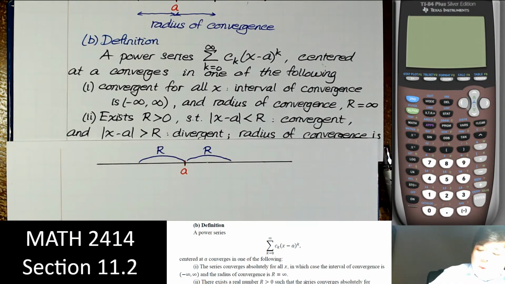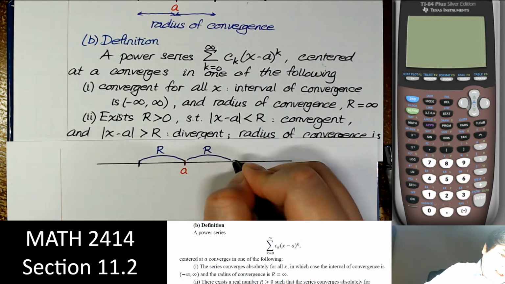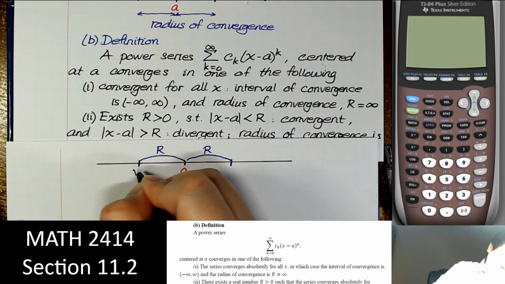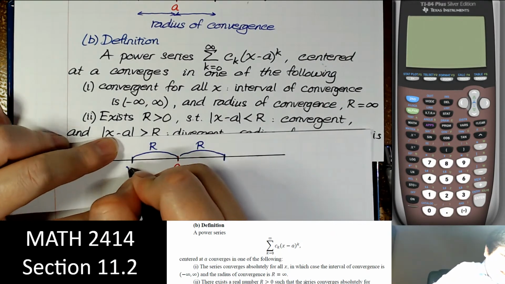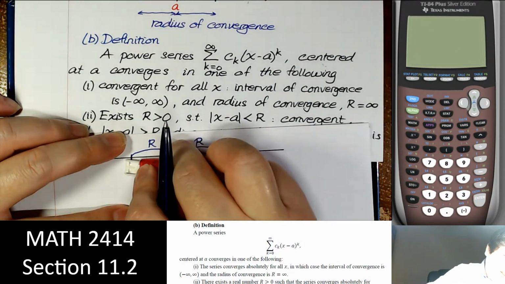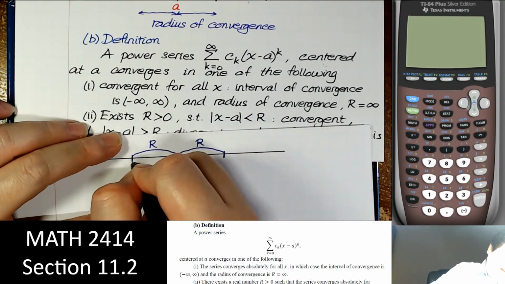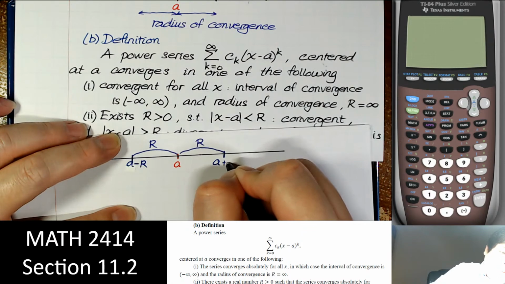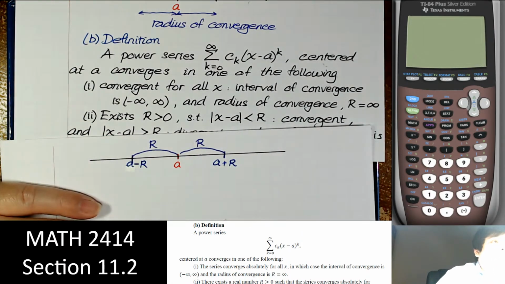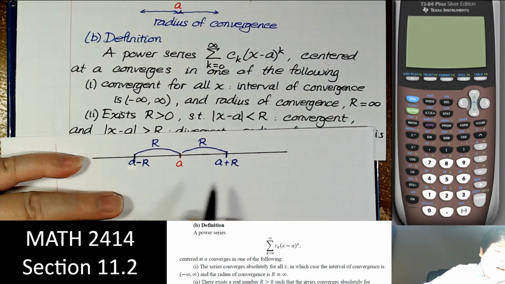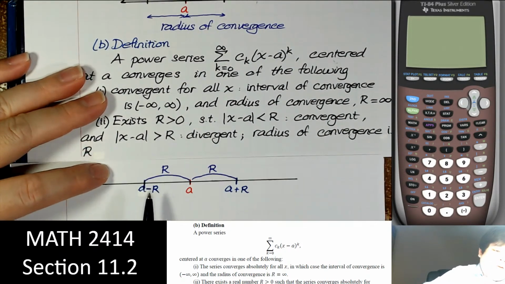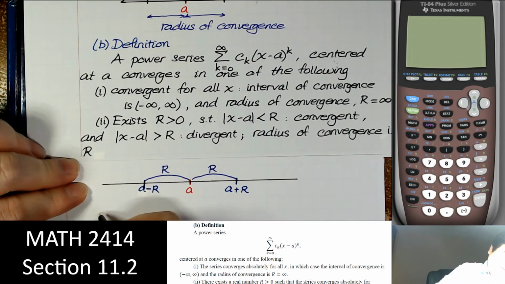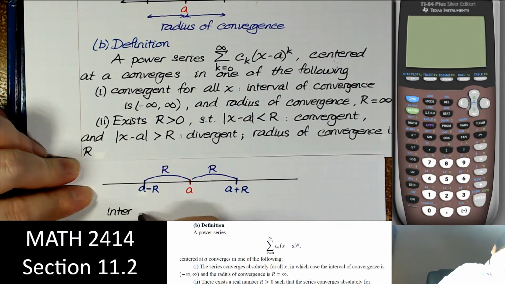In that case, we have the edge, and of course this is a minus r and a plus r, not d, it is a minus r, a plus r, and it is the interval of convergence.